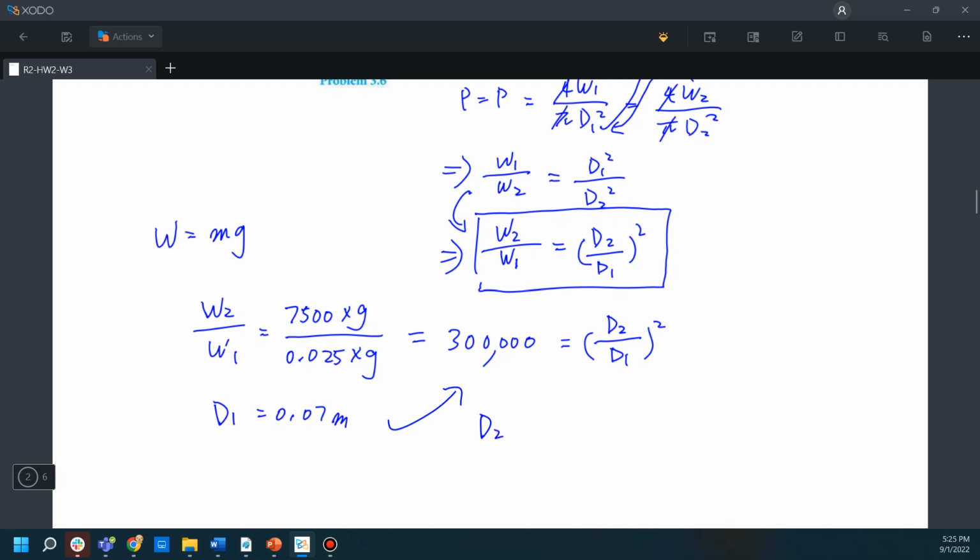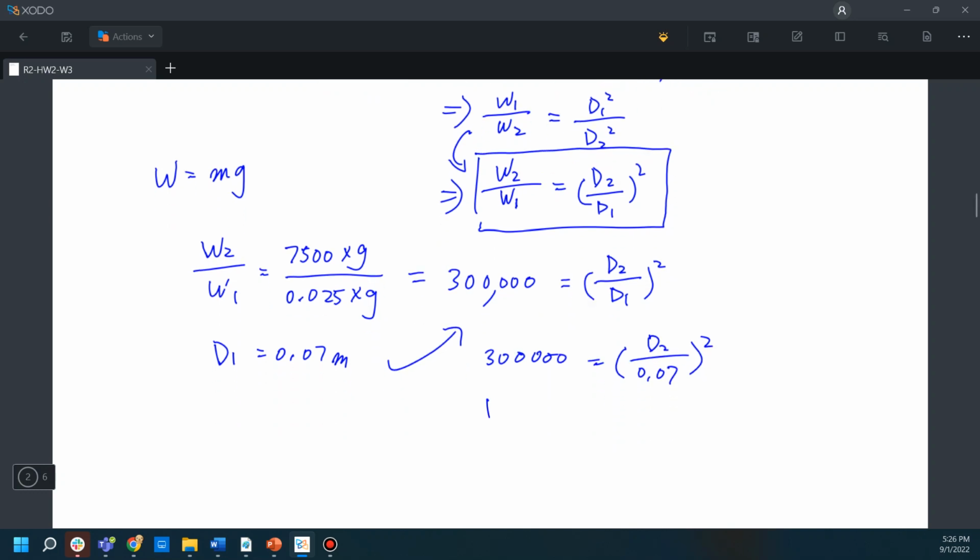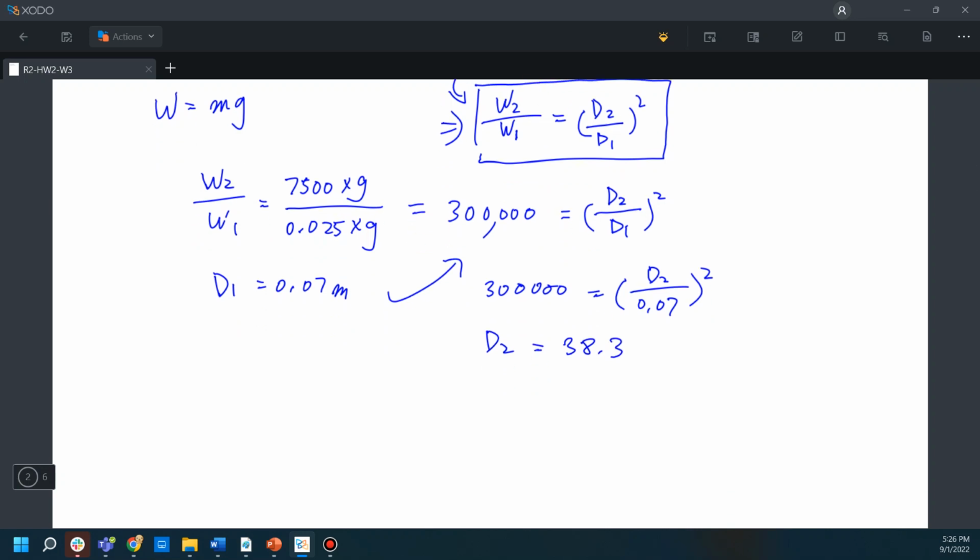Okay, so D2 in this case, let me still write the equation down for you, is equal to D2 over 0.07 squared. So with one unknown, you can solve this. D2 is equal to 38.3.